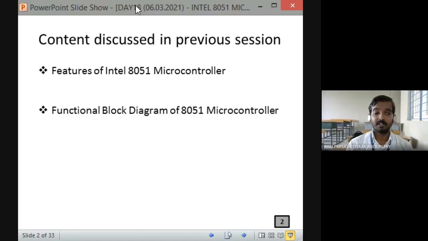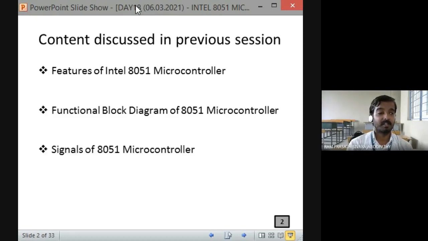Fine, very good. What about the serial communication, whether it is half duplex or full duplex? Yes, very good. Fine. What about the number of interrupts it can handle? The total number of interrupts handled by 8051. Yes, very good. 5.